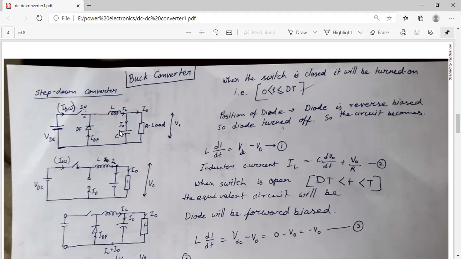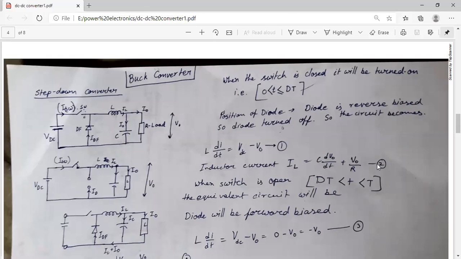The current passing through this capacitor is equal to C dV naught by dt plus the load current, which is V naught by R. So let us consider L di by dt equal to VDC minus V naught as equation 1, and the inductor current IL equal to C dV naught by dt plus V naught by R as equation 2.